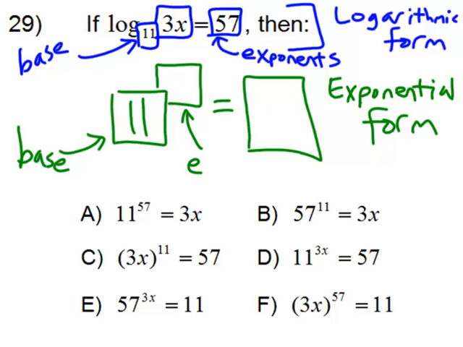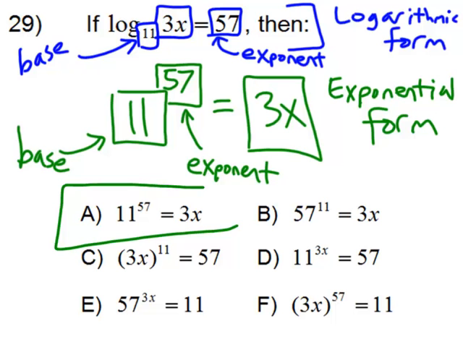You know that that's what we call the exponent. So 57 is the exponent in both forms here. Now, why did I make exponents plural up top? I don't know. Let me go ahead and erase that S there. Okay, that's better. All right, there's only one place left for that 3x to go. And that is our exponential form of the equation. So we look at our answer choices and we see that A is the exponential form.